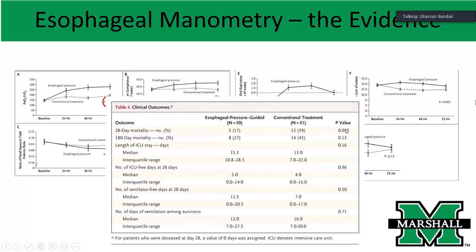There was a trend towards mortality. The p-value was above 0.05. And remember, the study was halted early, and the main goal was not mortality. So this study was suggestive that use of esophageal balloons may be helpful. Instead of looking at a plateau pressure, use the esophageal balloon and titrate PEEP towards the transpulmonary pressure.